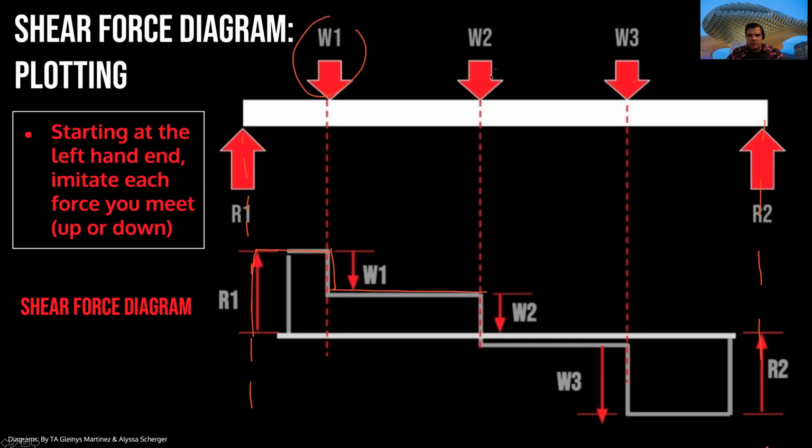Nothing happens, you go W2, because you have this one, W. Nothing happens, you go straight. You have W3, you need to go down W3, and that depends on the values, how much you will go. Nothing happens, and finally you need to close in 0. Well, reaction 2 needs to be equal to this distance. That is mandatory in order to make sure that the beam is closing.